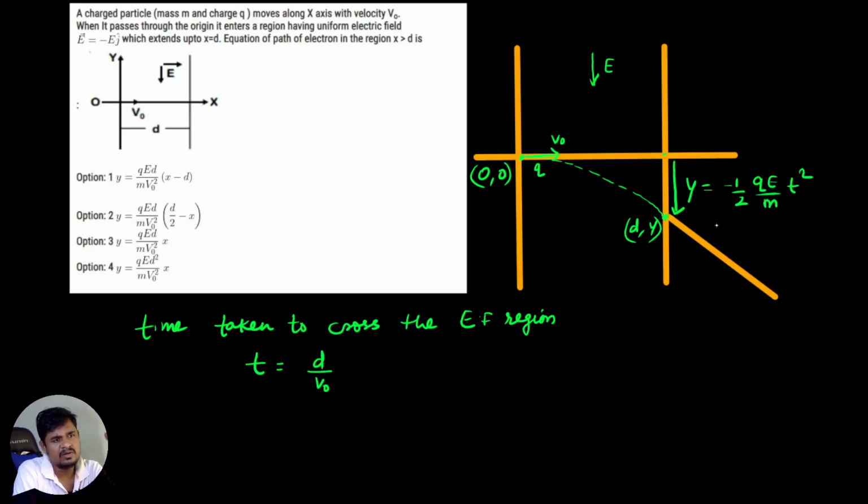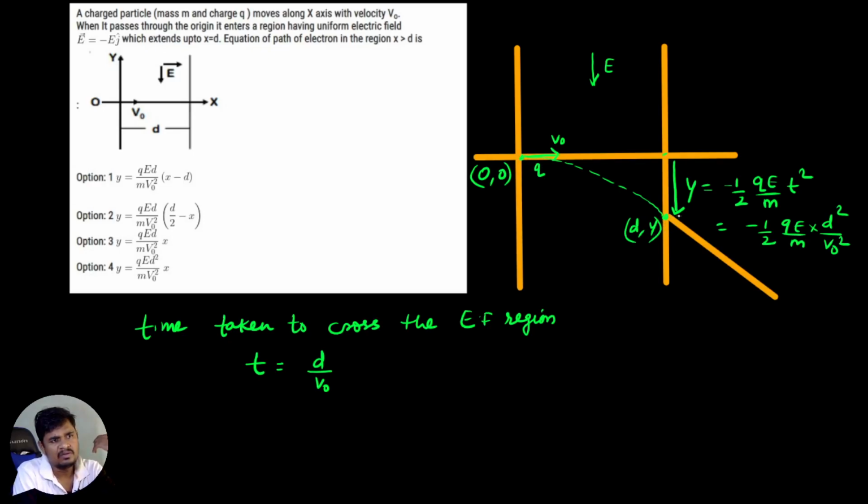So its coordinate will become minus half qE by m, and t square is d square by v0 square. So we got this point here.